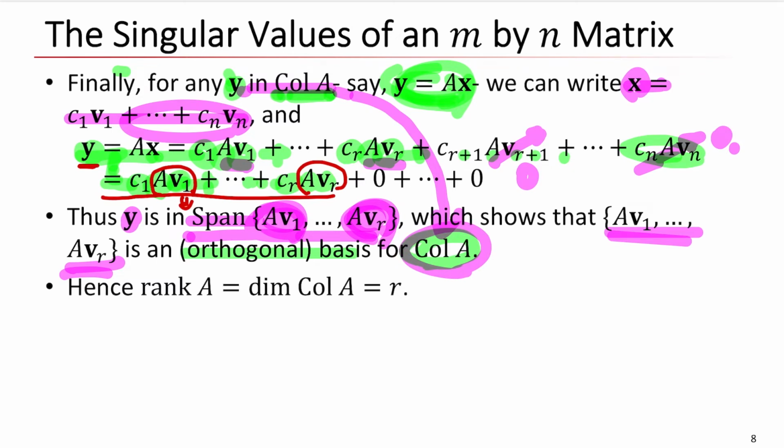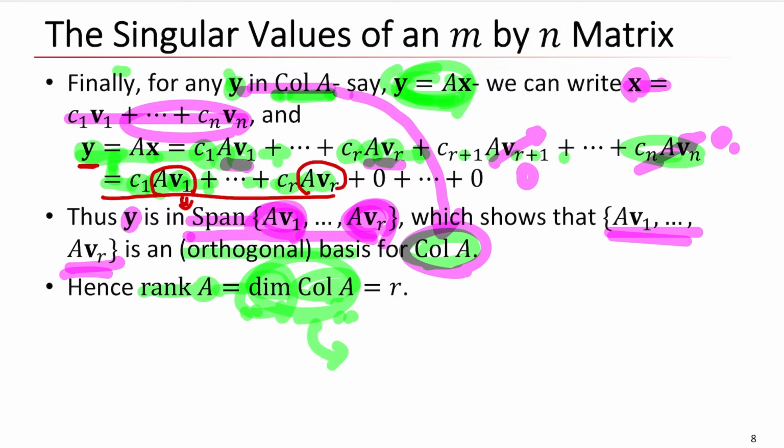Then what is the rank of the matrix A? The rank of the matrix A is the dimension of the column space of A, right? If you remember the dimension and rank chapter, maybe it was 7.2, anyway, please check the rank chapter. Then rank A is equal to the dimension of the column space of A. What is that dimension?